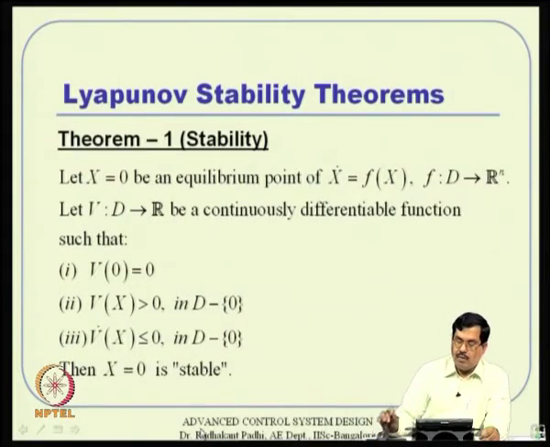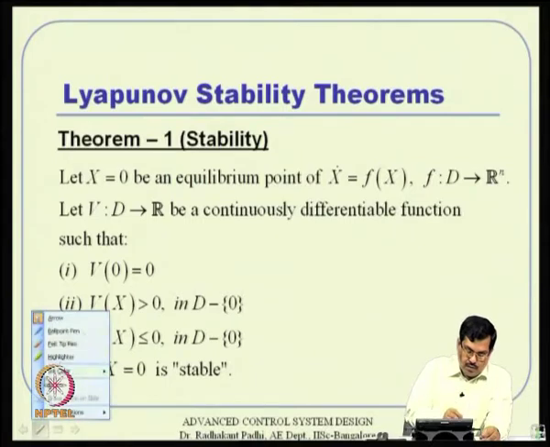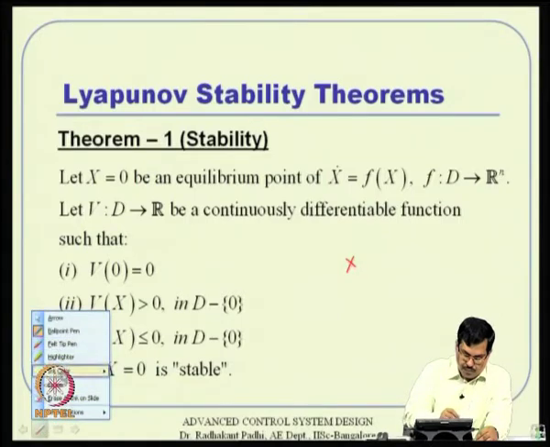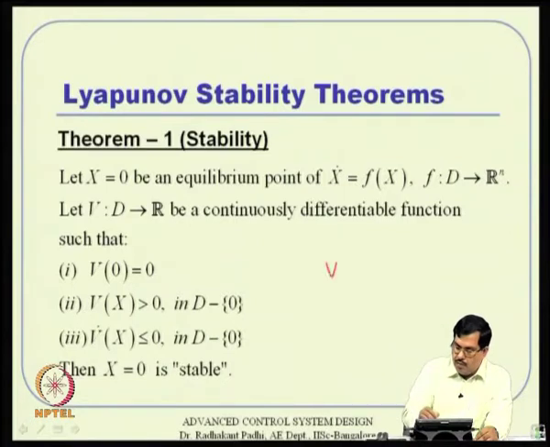Now, there are a couple of comments due here. First of all, how do you compute V dot? If you talk about V dot, remember V is a function of x only.